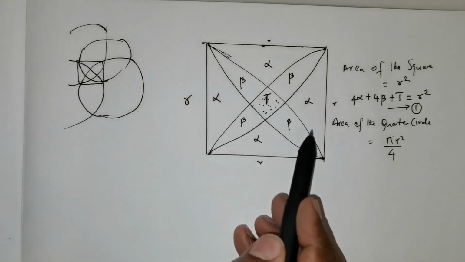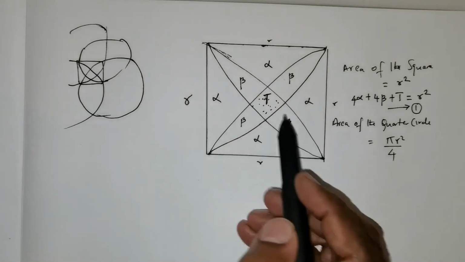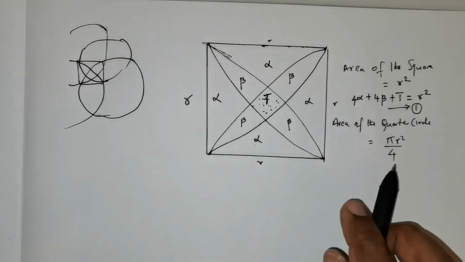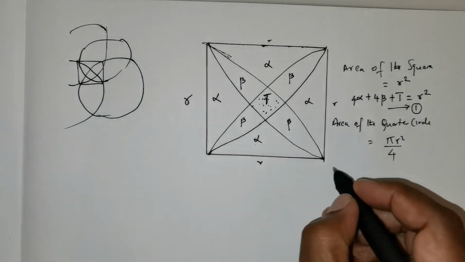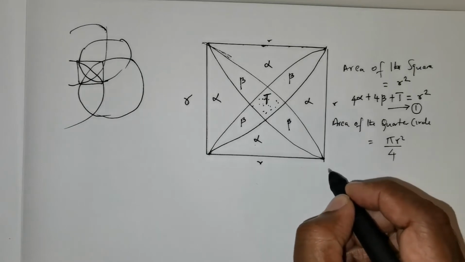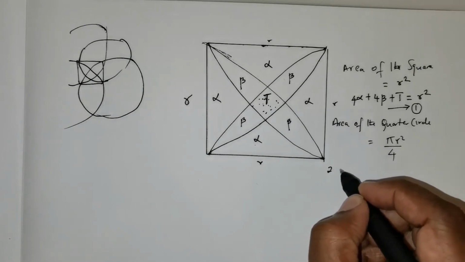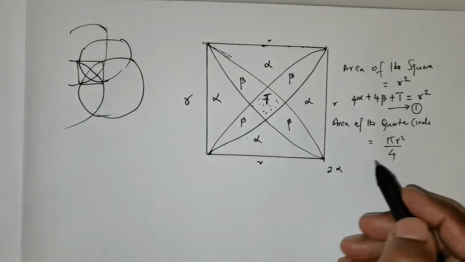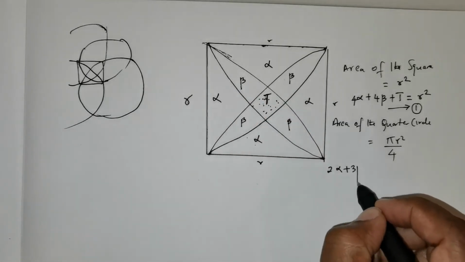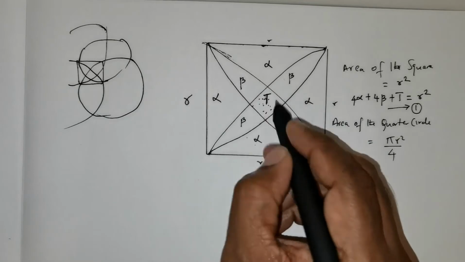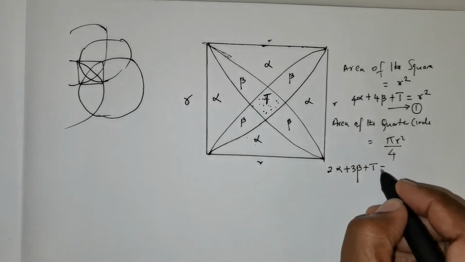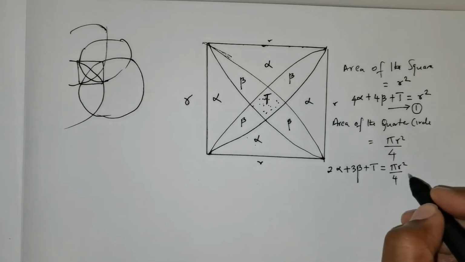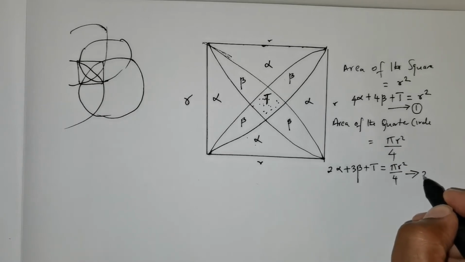But just check, when you see that you have 3 beta and 2 alpha and a t making up this area. So you can write that down. So it's going to be 2 alpha, alpha here, and 3 beta plus 1 t in the center that make up this area of the quarter circle, and let us call it equation 2.